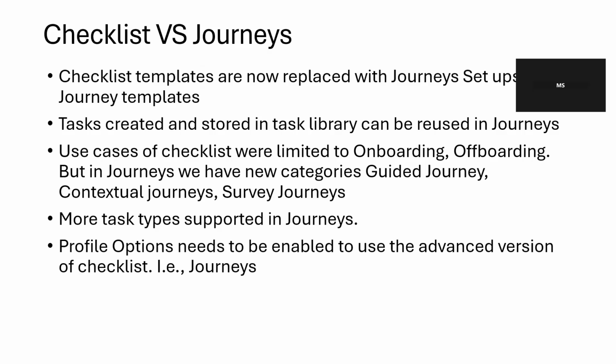What are the challenges faced if you are going to add a new task or use Redwood? There is an extended, enhanced version, because the tasks that are supported are also extended. You have AI embedded in this, an AI assist. Then you have something called an application task. In the journey, you have multiple types: guided journey, contextual journey, service journey.